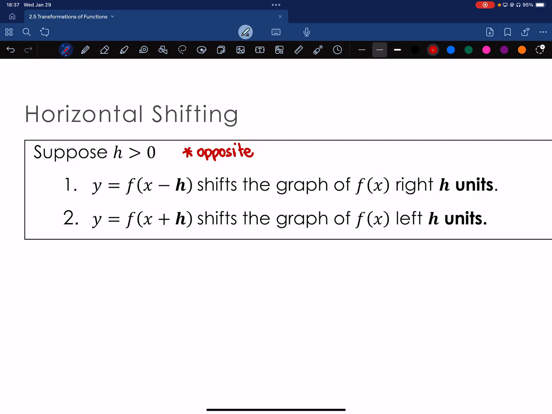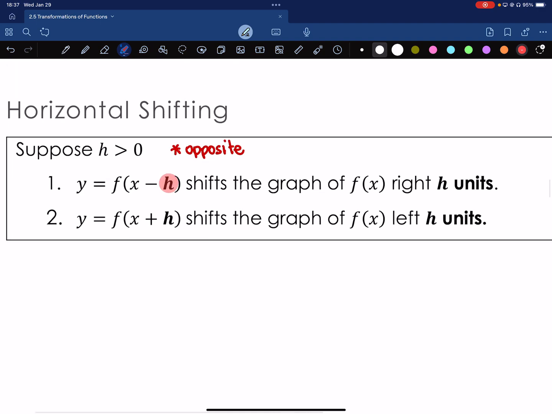So what I mean by that, if you look at this first one, it looks like it's saying minus H. So you would think that it goes in the negative direction. But that minus H, you have to think, nope, that's the opposite because it's on the inside. So really, it's going to the right H units, which is in the positive direction.